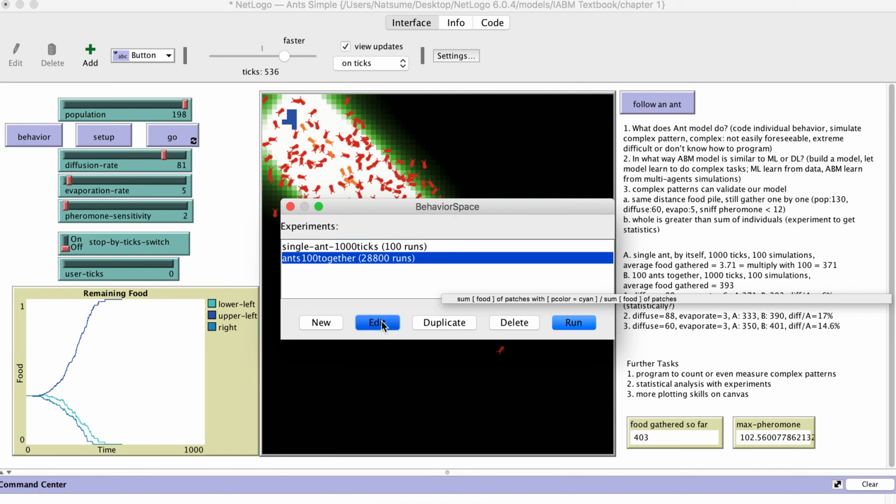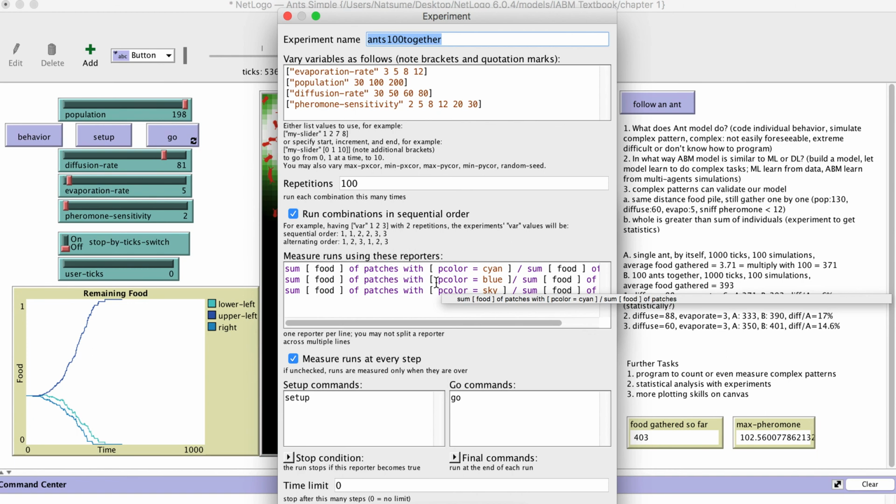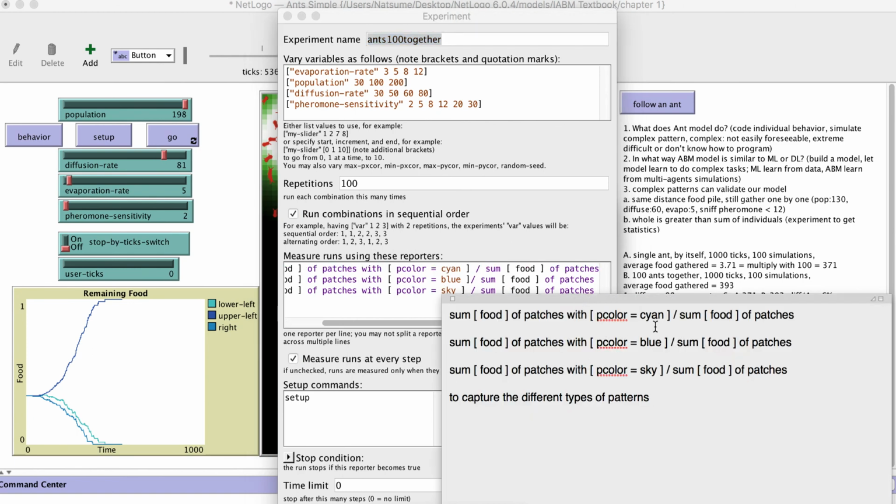So far, the metric which I have designed is a ratio. Because as the model iterates, every pile's food will decrease. Of course, the total food in the whole world will decrease as well.